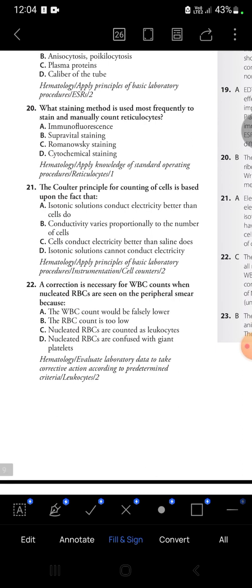A correction is necessary for WBC counts when nucleated RBCs are seen on the peripheral smear. The answer is that the RBC count is too low. A correction is necessary because the nucleated RBCs are counted as WBCs by the analyzer.